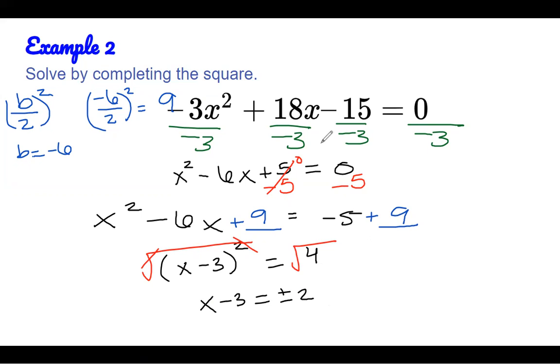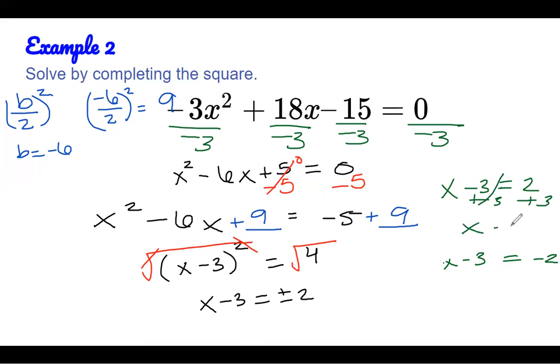So we have two equations. Let's do the first equation. x minus 3 equals what? Positive 2, and x minus 3 equals -2. All right, so what's my first solution? Add 3, add 3.